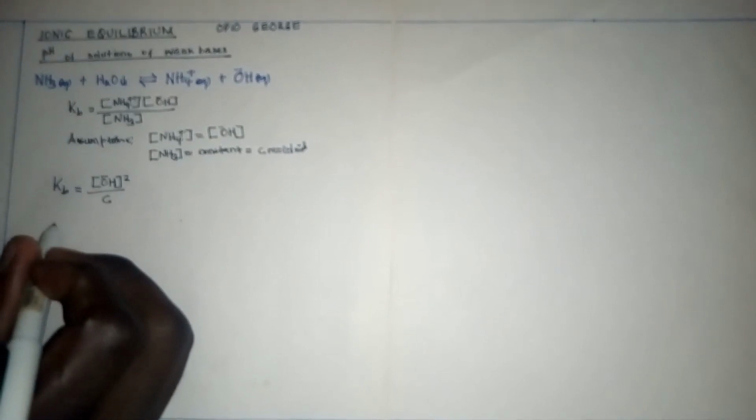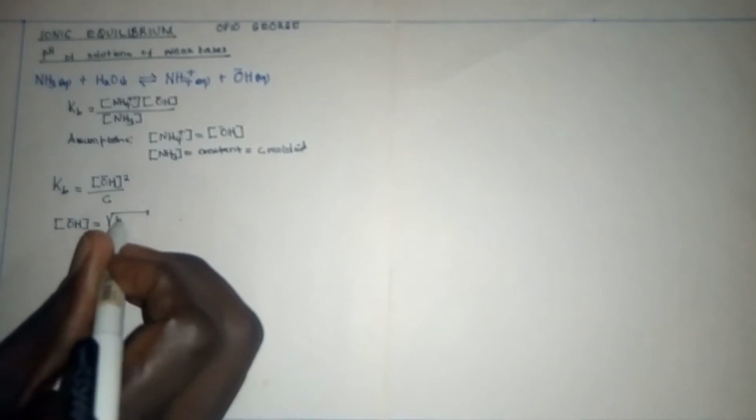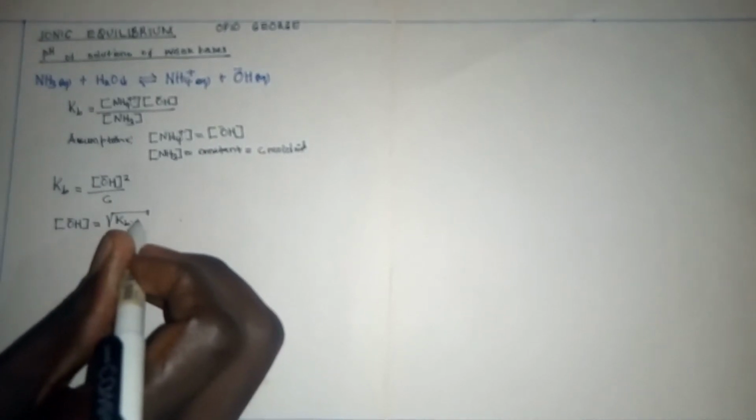Now, in this case, we're looking for an expression for pH, which means we have to simplify this expression further until we get something that helps us to calculate the pH of a solution of a weak base. So you want now to make the concentration of hydroxyl ions the subject. You obtain the molar concentration of hydroxyl ion is equivalent to the square root of Kb times C. So this is the molar concentration of the hydroxyl ion as expressed from the equation.